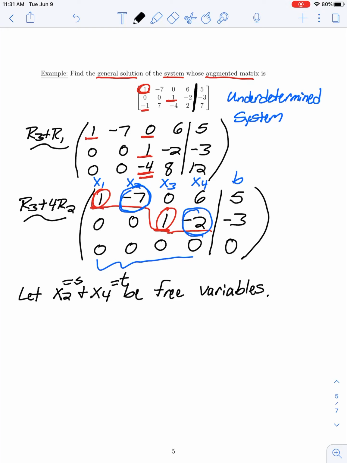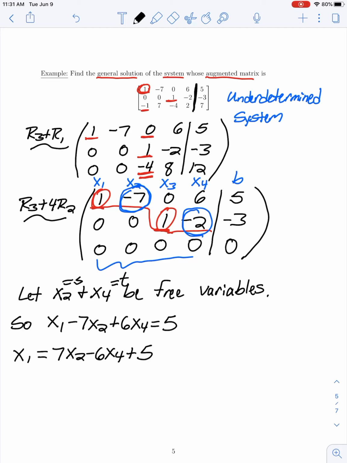So let's look at our first equation. Our first row of this matrix in equation form says 1x1 minus 7x2 plus 6x4 is equal to 5. So solving for x1 in terms of the free variables, we have x1 equals 7x2 minus 6x4 plus 5.